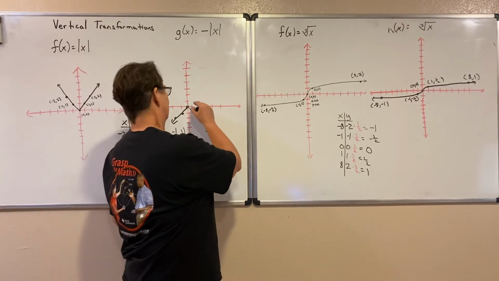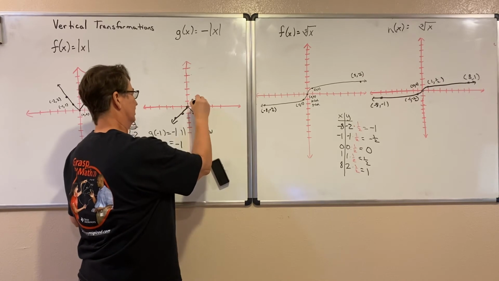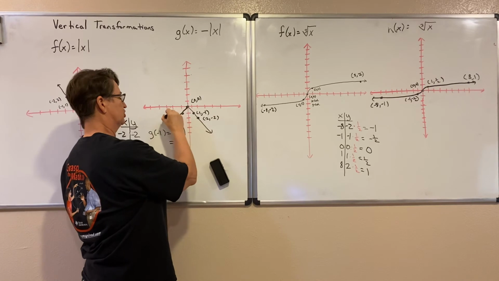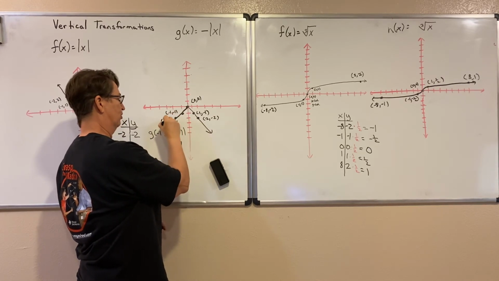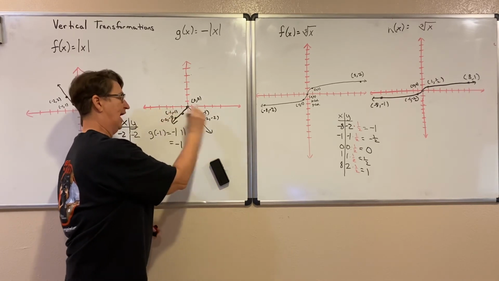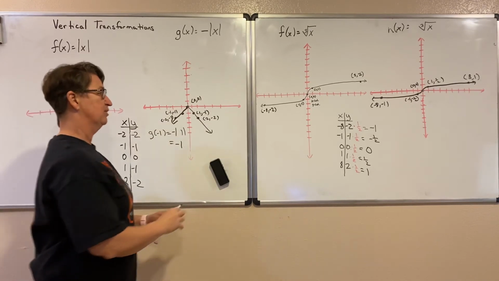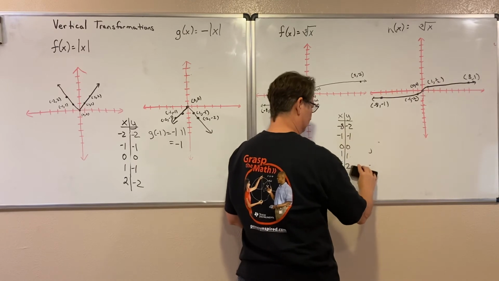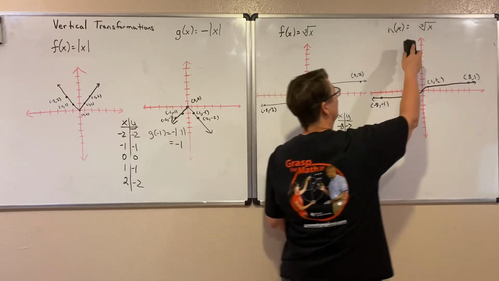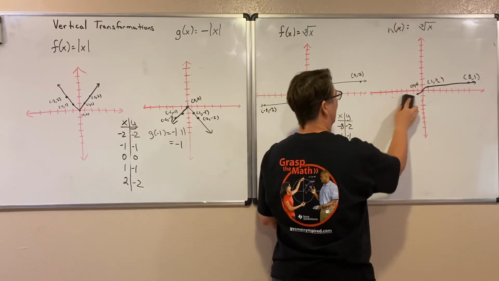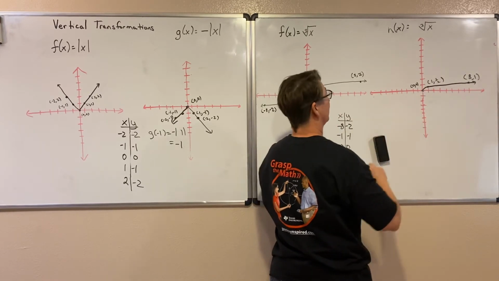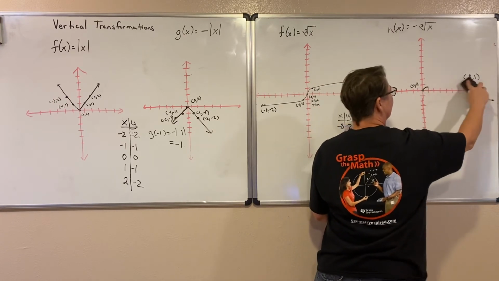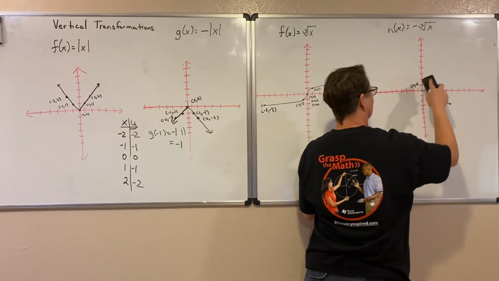Let's do the same thing to our cubed root function here. Let me just label my points. Be sure on your graphs to label your points or to label your axis so your reader can see what your scale is. I'm going to do the same thing here, only this time I'm going to do it algebraically. So when my function is being multiplied by a negative on the outside here, this negative times the function, it's going to affect those y values.